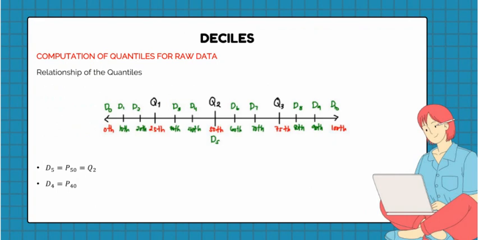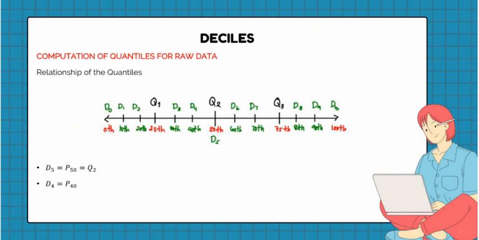As you can see, there is a certain relationship between our quantiles. Yung quartile 2 natin or our median is just equal to our 50th percentile, and also it's just equal to our D sub 5 or our 5th decile. It's the same case for our D sub 4, wherein yung D sub 4 mo is just our 40th percentile.